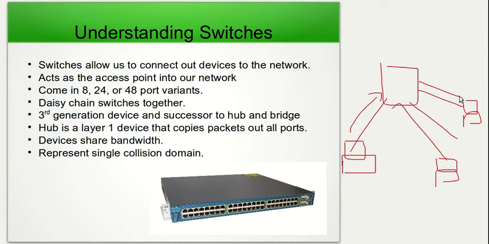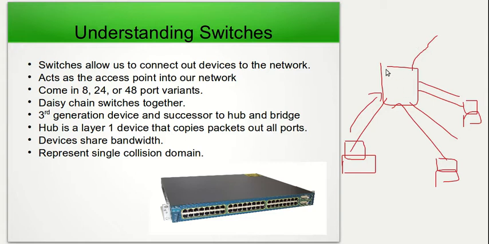This was obviously very unsecure, because if somebody connected off the hub had packet capturing software open, he could capture that traffic, save it for a later time, and then analyze it.